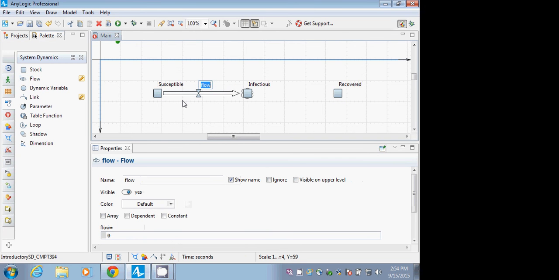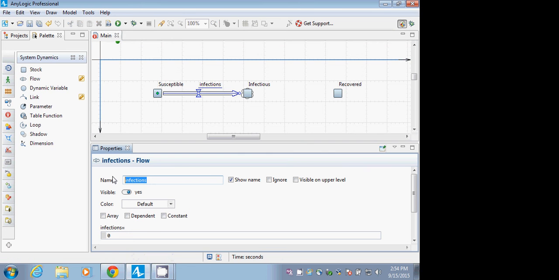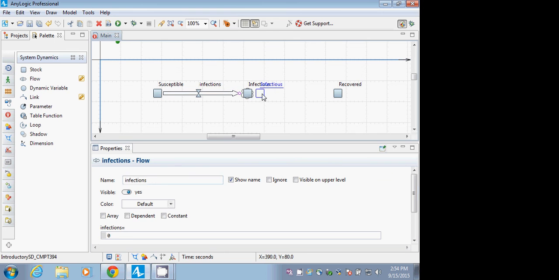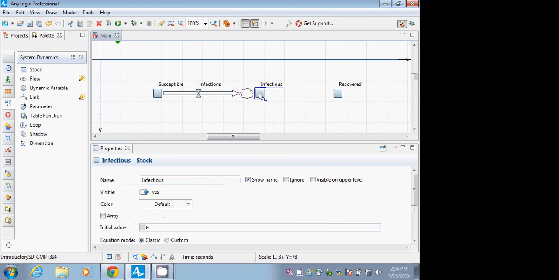The key in AnyLogic is if you drop this flow in, and I'll call this infections. If you don't name it up front, you could always click on it and go to properties and type infections. You'll notice that initially it appears with this cloud, which means basically it's flowing out of the model. We're not interested in keeping track of where it goes.